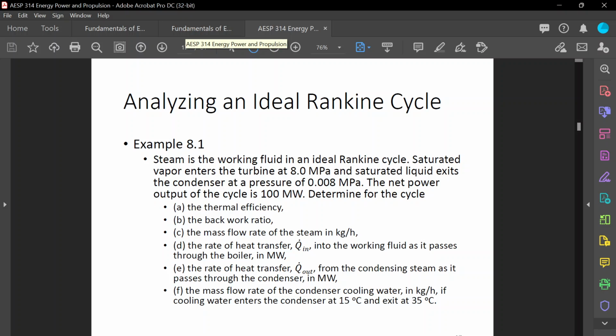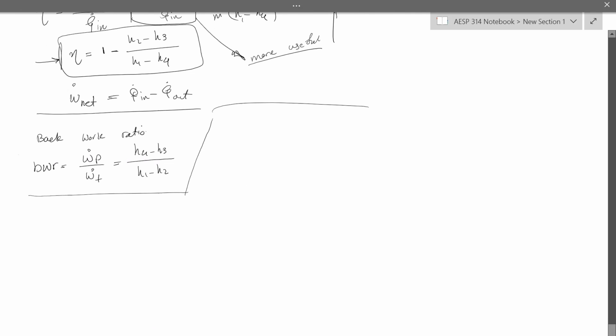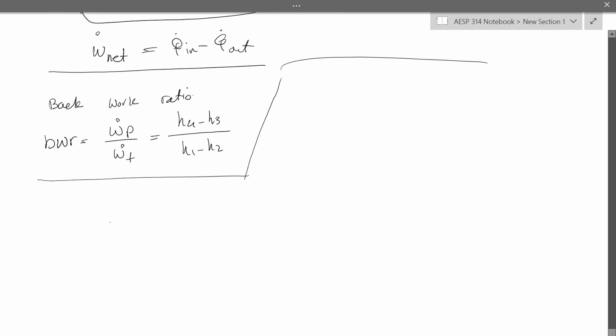I guess something that may help you a little bit is the TS diagram. We are operating inside the saturation condition, right?